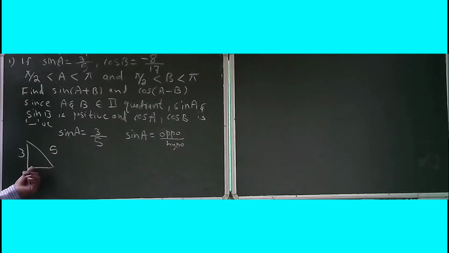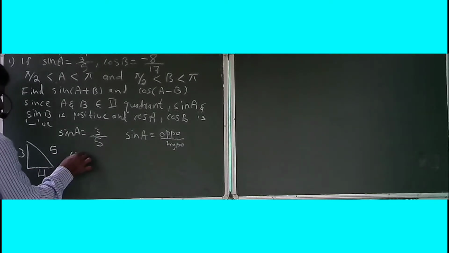We have solved similar problems. Apply Pythagoras theorem. 3 square plus x square is equal to 25. Here x is nothing but 4, because 4 square is 16 plus 3 square is 9, 16 plus 9 is equal to 5 square, 25. Therefore, from this triangle, what's the value of cos A?